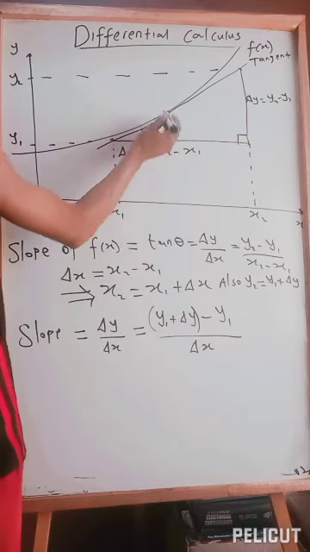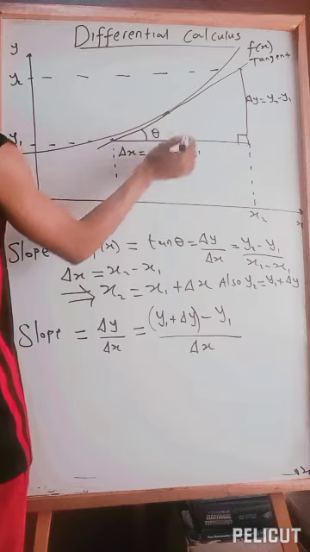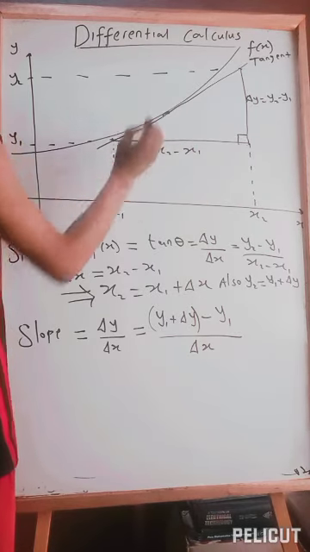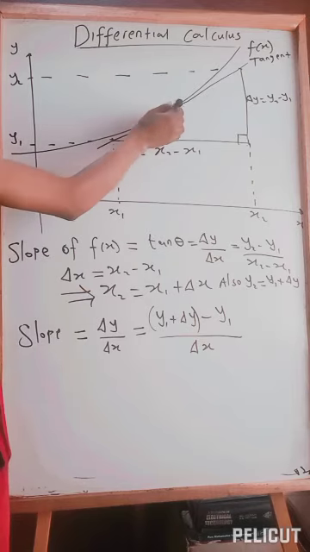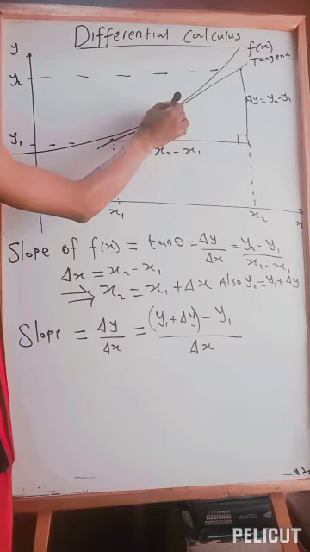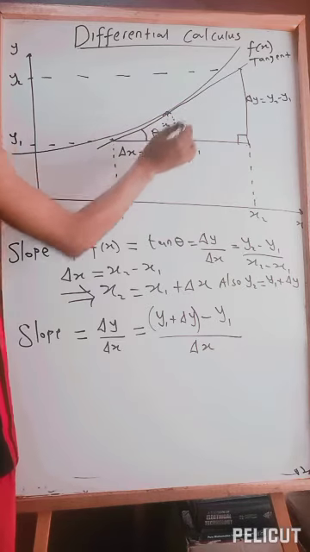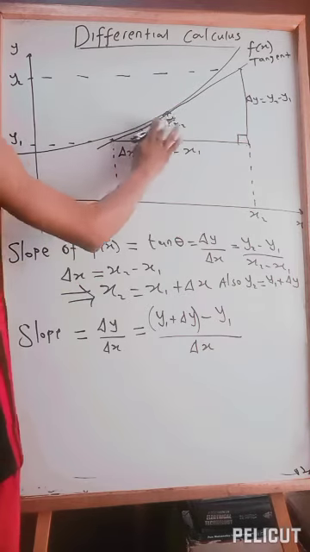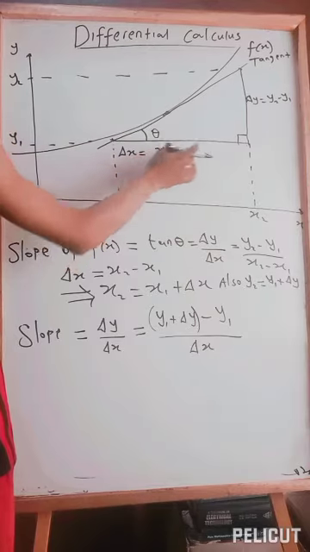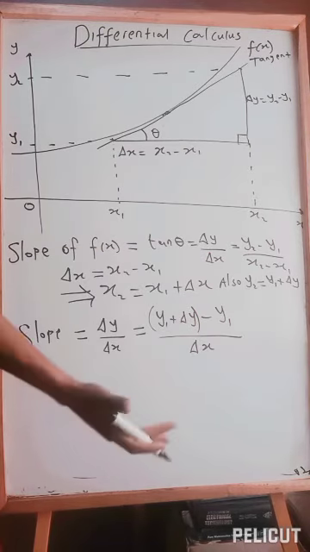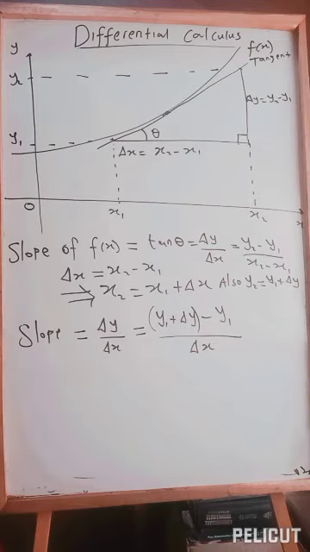As a matter of fact, the distance between x1 and x2 is very, very small, because I'm just interested in the point here. x1 could have been here and x2 could have been here, just a short distance. So the difference between these two should be approximately 0, if not 0.